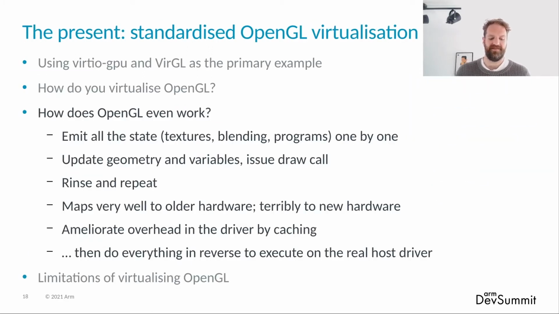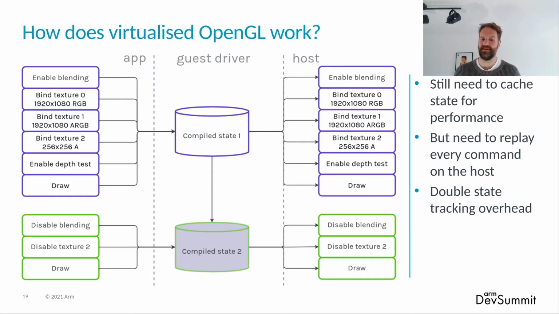And then if you're virtualizing GL, you have to unpack and you have to do the reverse on the host to execute it. So, we've compiled a way. We know state 1 has blending, has textures set up in a certain way. We've cached that away, which is nice, but then the GL API doesn't have any native notion of this.